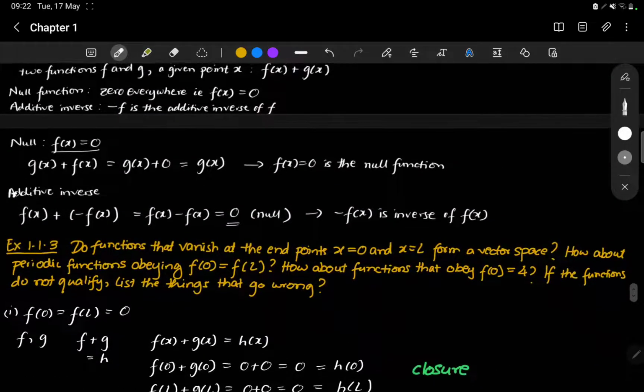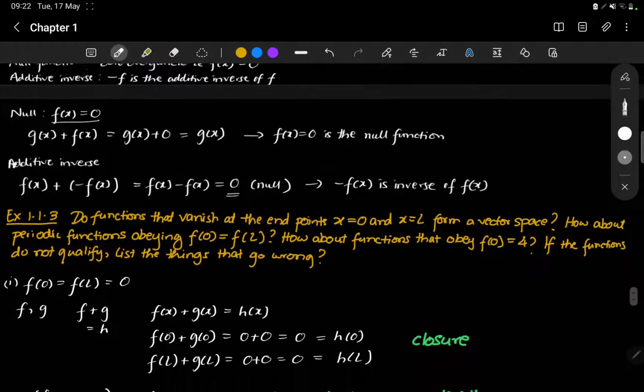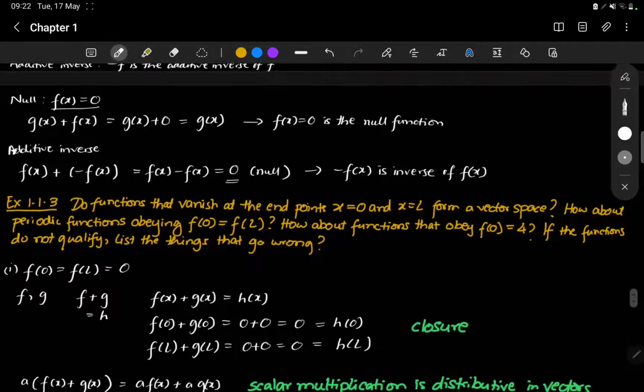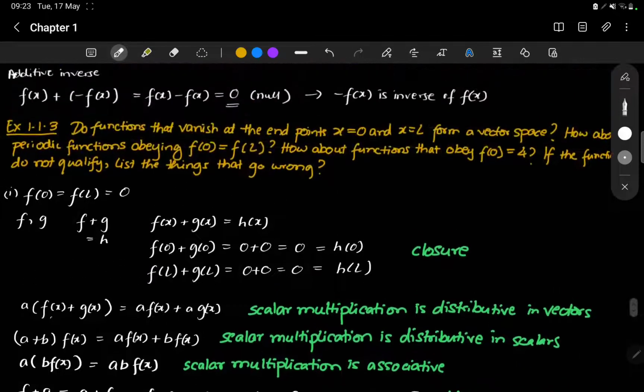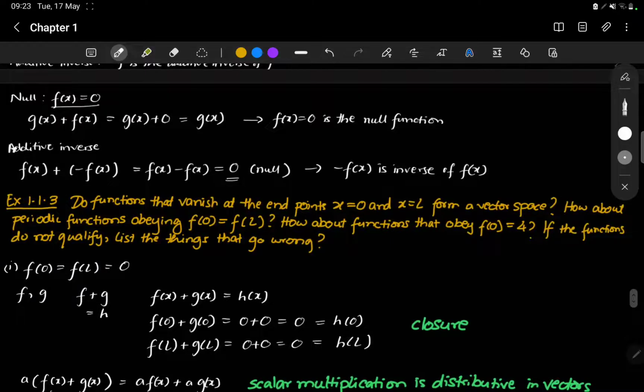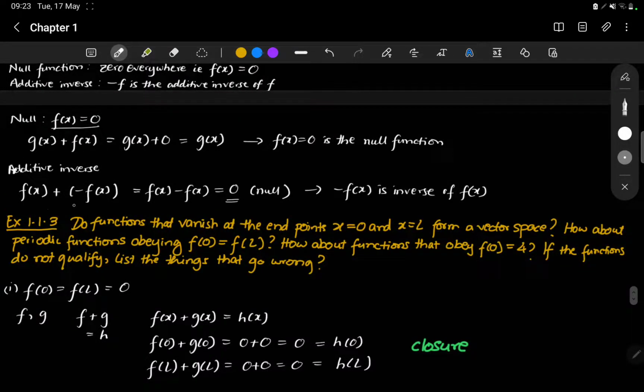We saw this above, why this is a null vector. Then finally the last one is about the additive inverse. The additive inverse of f is minus f. This again we saw above. By this definition we see why minus f is indeed the additive inverse of f.